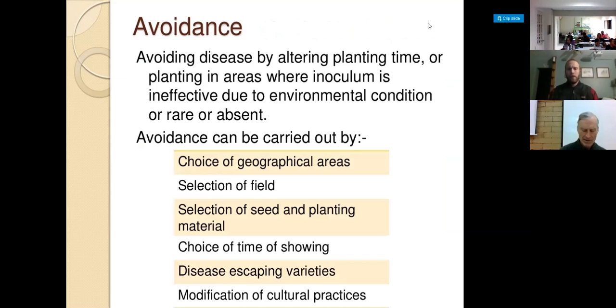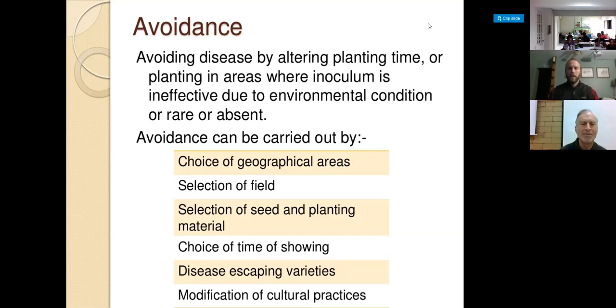So you can avoid the disease by choosing a geographical area. If you're growing in a geographical area where there's a lot of problem with a certain disease, maybe you can grow another crop that doesn't have such disease problems in that area.